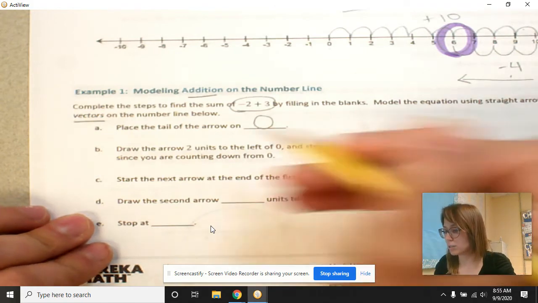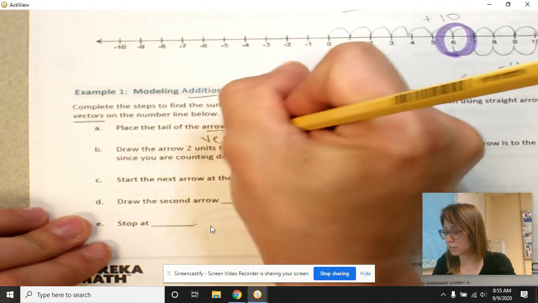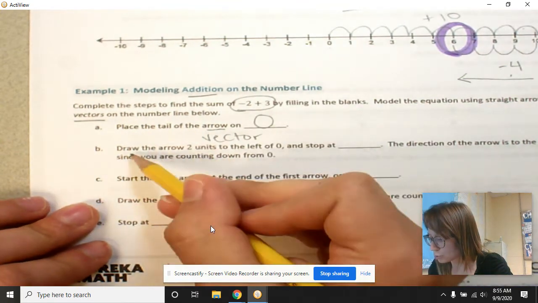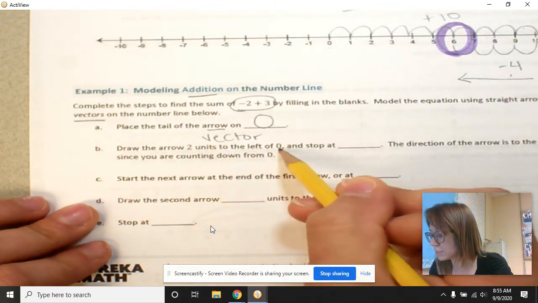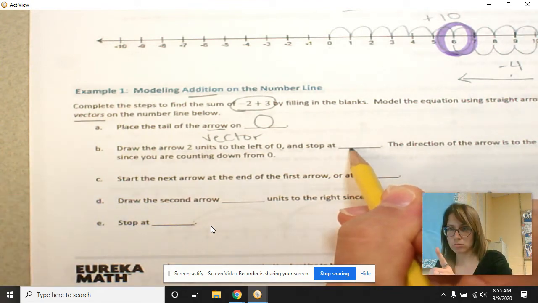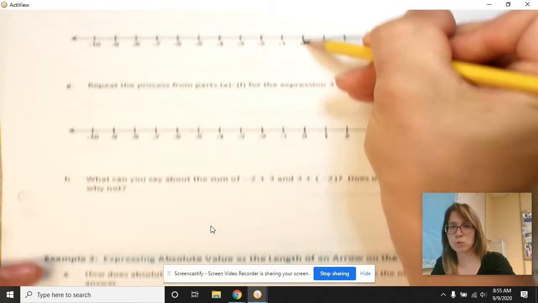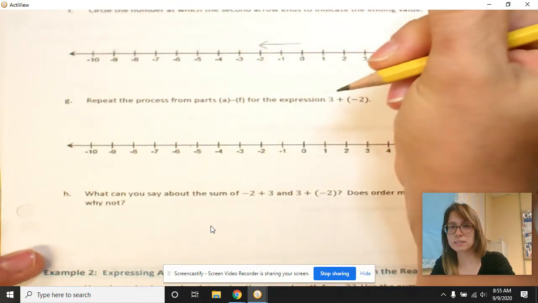So I'm going to start the tail of my arrow, which I now know to be called a vector, on 0. And then we're going to draw the arrow or vector 2 units to the left of 0. If I start at 0 and I move to the left 2 spaces, I'm going to end on -2.